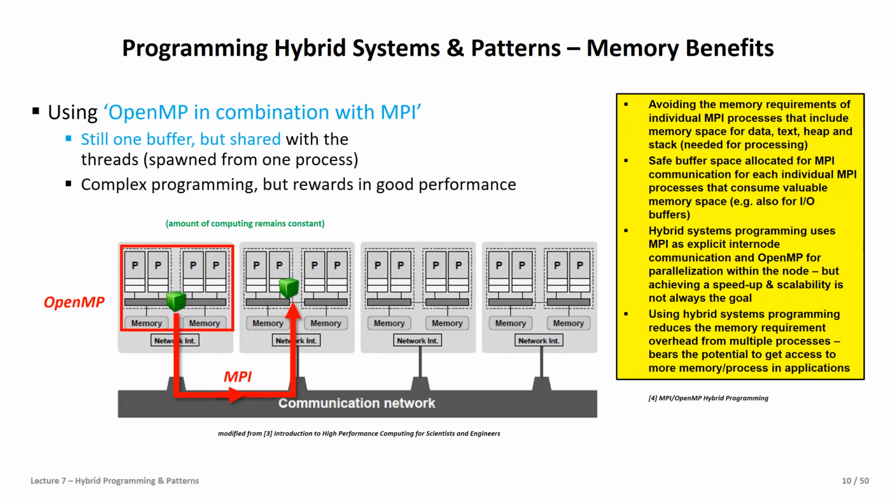Obviously, the memory benefits speak for themselves. We have the power of the memory within a node, and by doing hybrid, I have this MPI-aggregated memory at my disposal. So definitely going across nodes is important.